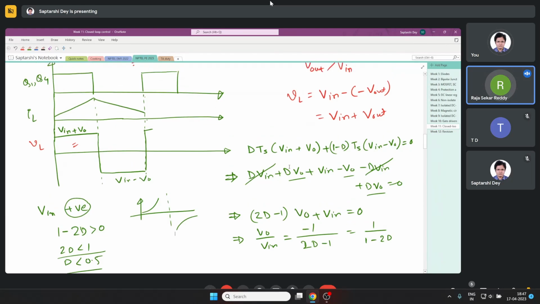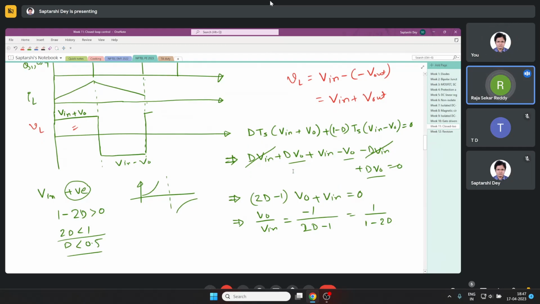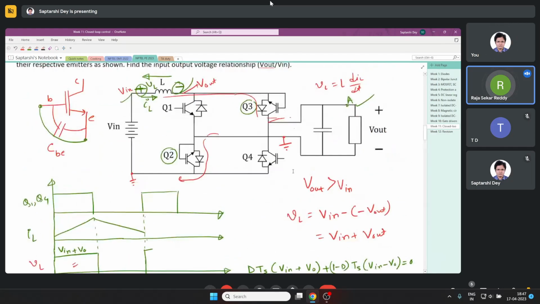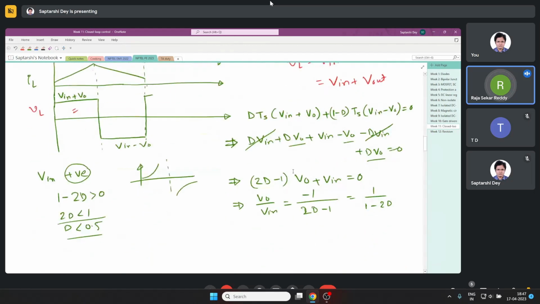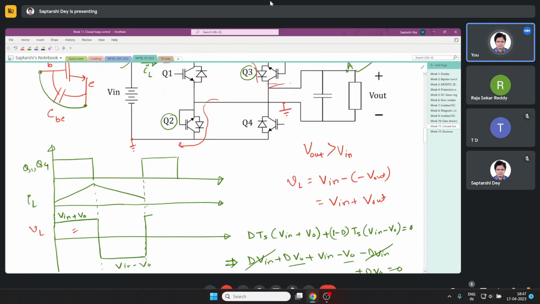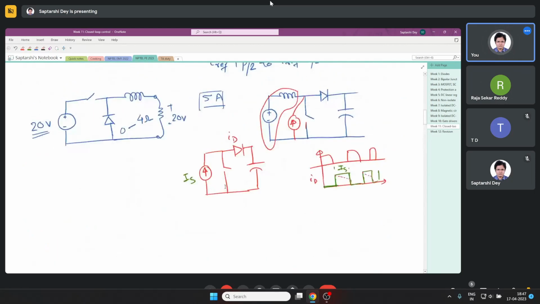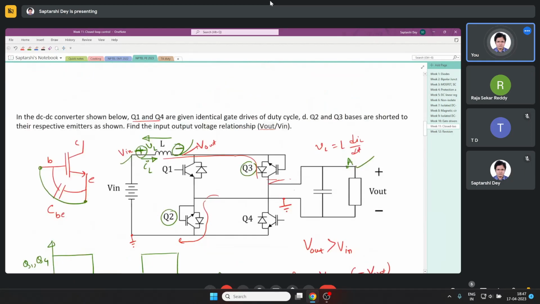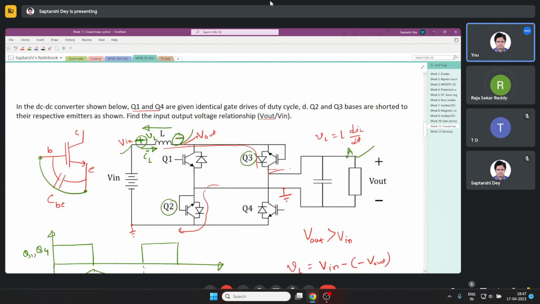Sir, as you said, this converter is nothing but a boost converter with two switches and two diodes. But the gain V naught by V in seems to be different. Yes, see, it is not a boost converter. In a boost converter, the voltage source is followed by an inductor followed by a switch, and that kind of configuration is here also.